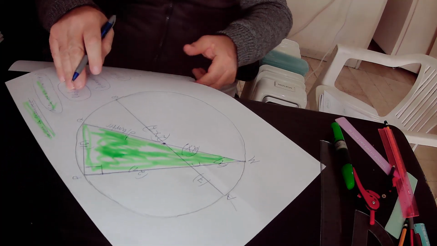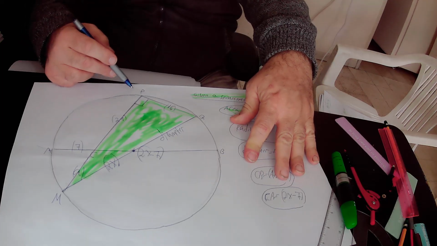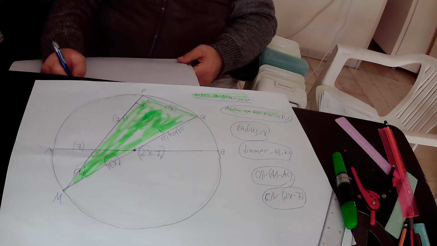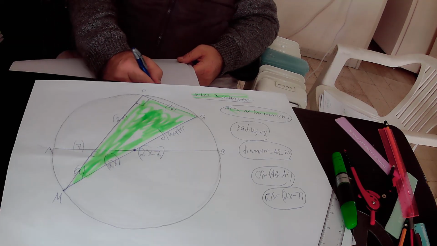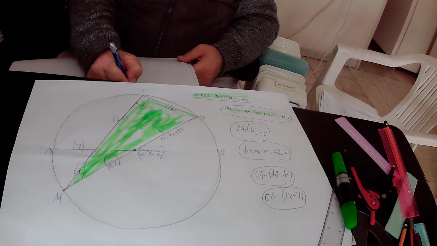So in the next step, we'll implement the Pythagoras theorem on this green right triangle PQM. Here PT is the abbreviation for Pythagoras theorem.